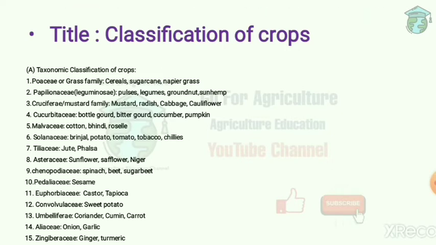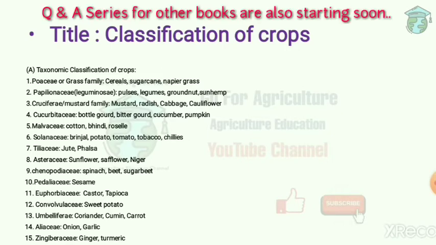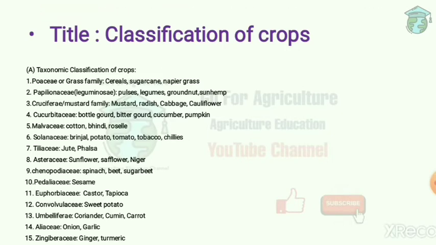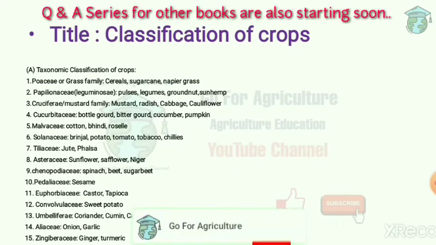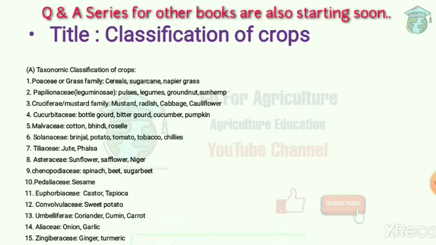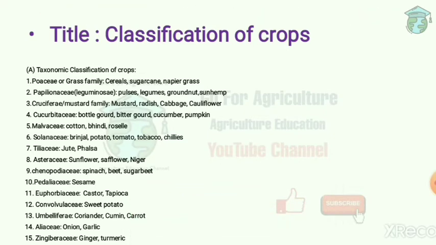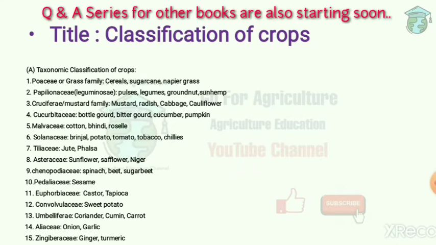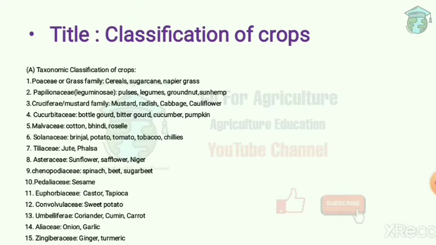In this, coriander, cumin, carrot are there. Next, Alliaceae. In this, onion, garlic are there. Next one, Zingiberaceae. The name suggests that ginger is in the family. So ginger, turmeric. These are very important for your competitive exams.